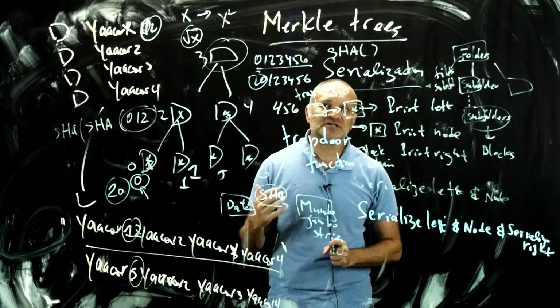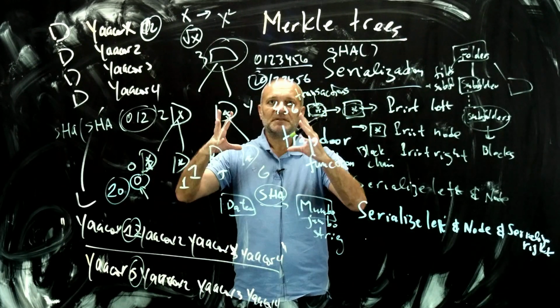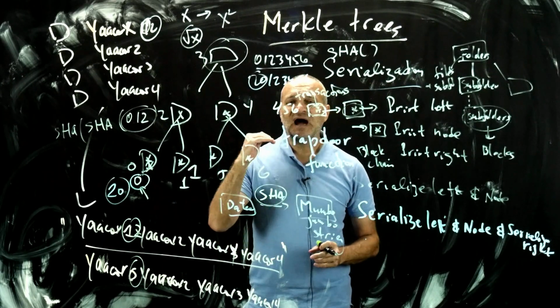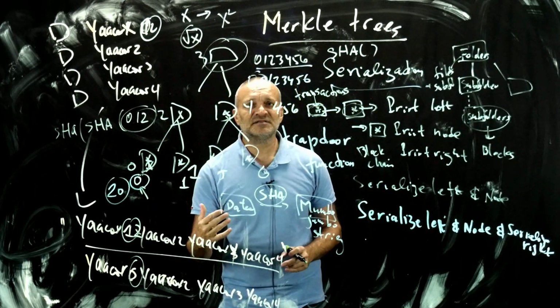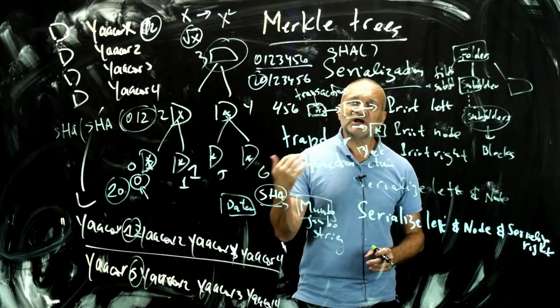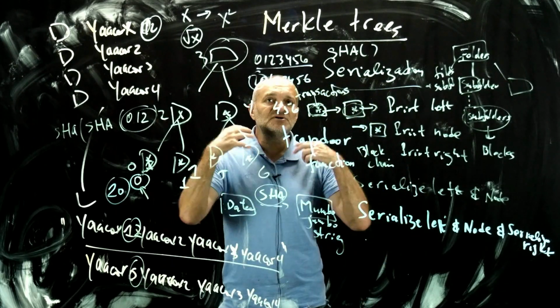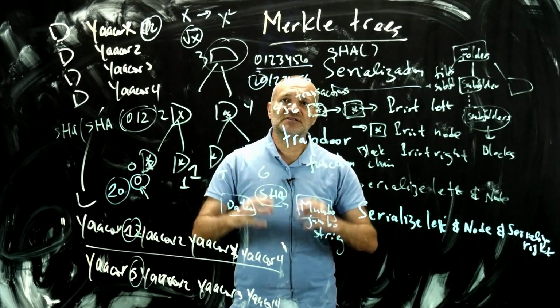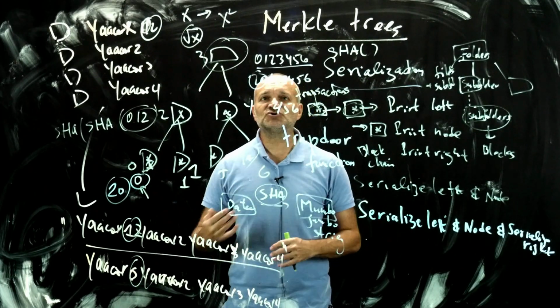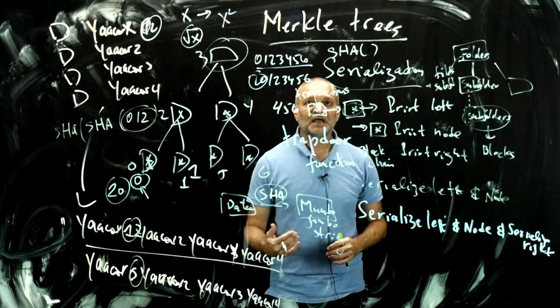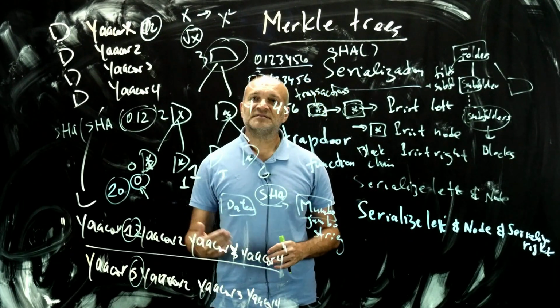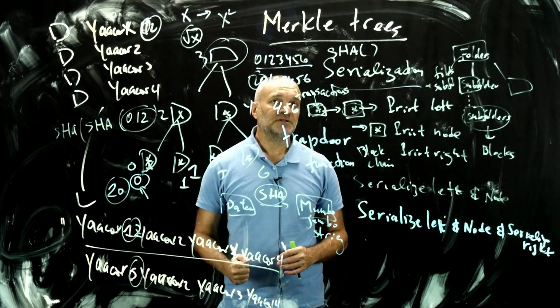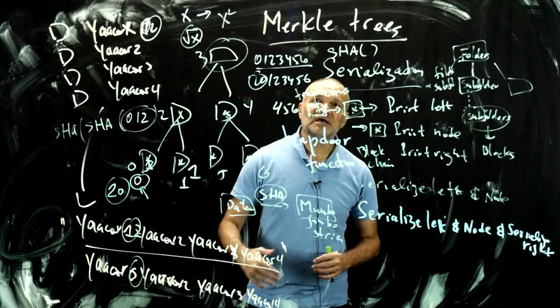And the genius of Satoshi was that he actually put them together. He didn't use anything that wasn't known before. The brilliance of this guy was that he realized how to put all these things together in order to create a decentralized system that is actually kind of secure. Okay, and we're going to talk about this next lecture.